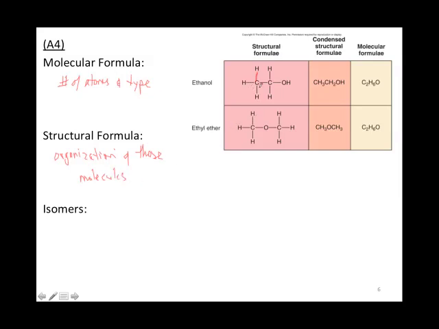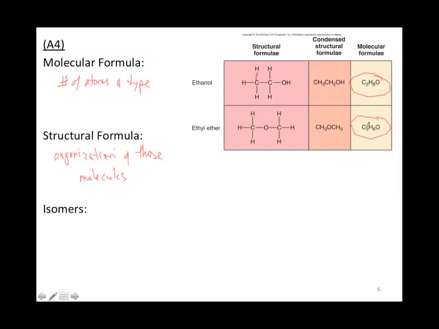For example, look at ethanol and look at this ethyl ether. They have the same molecular formula. However, look at the structural formula. Notice that the difference is that this oxygen is found between the 2 carbon atoms, whereas up here with ethanol, that oxygen is attached to only 1 carbon and it has a hydrogen bonded to it. Now, we have the same molecular formula, C2H6O.